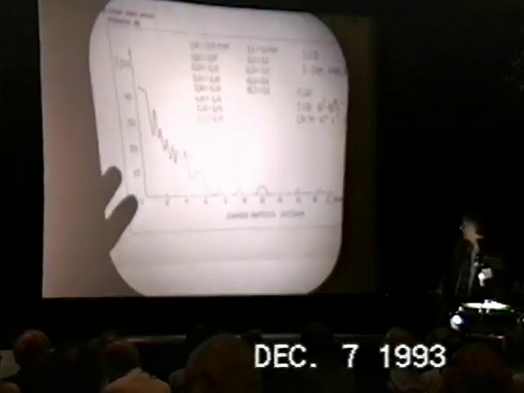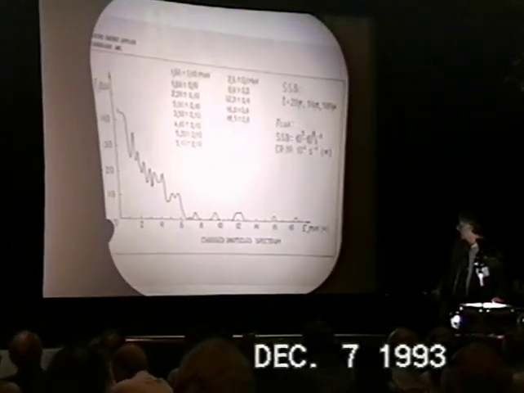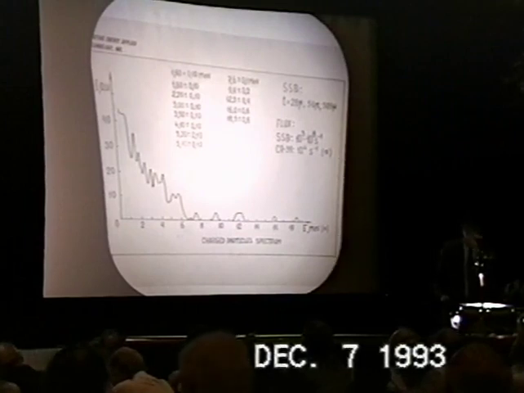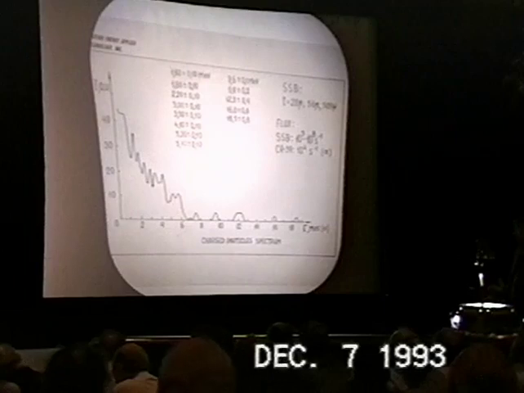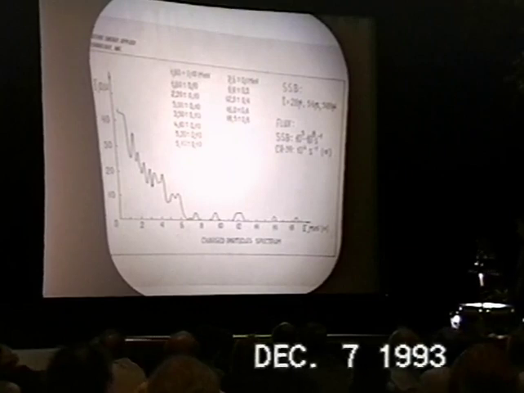The results you get are very strange. So here is the sum of a few tens of experiments. It is not the actual spectrum, it is just the sum of a few experiments.